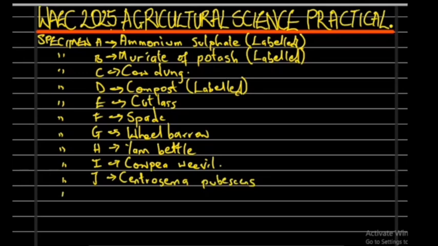And our specimen K, we have spear grass. Our specimen L is gizzard. We have a gizzard of chicken.